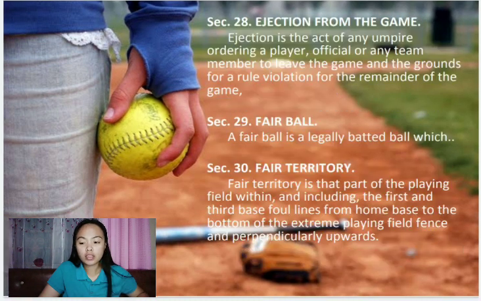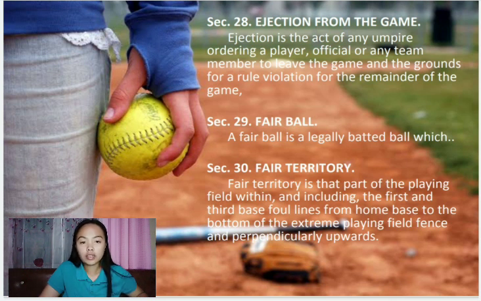Next is section 28, the ejection from the game. Ang ejection is the act of an umpire ordering a player, official, or any team member to leave the game and the grounds for the rule violation for the remainder of the game.